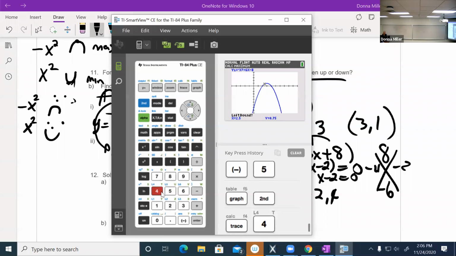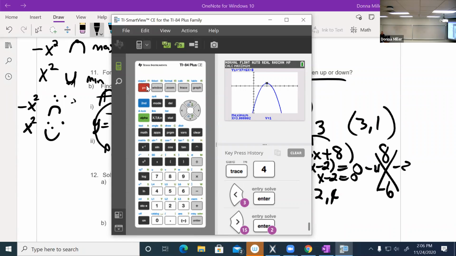And it comes back and says left bound. You just use the arrow keys, you move the cursor to the left of the maximum, which right there is good. And it says right bound, and I move the cursor over to the right-hand side, press enter, I press enter, and look, there's a maximum 3, 1, right, which is what we found by hand, okay? So the calculator can do this, no problem, all right?